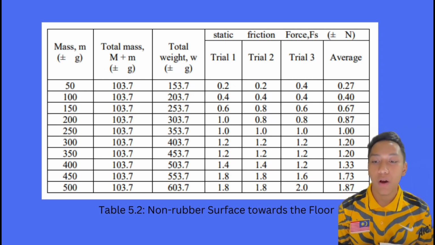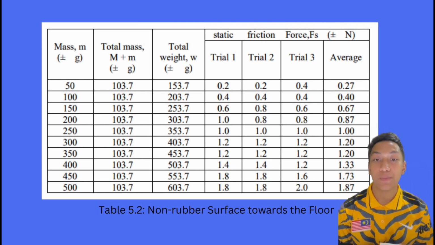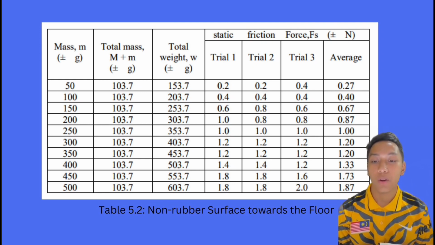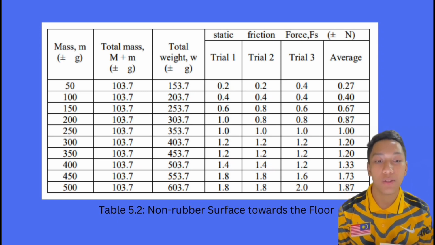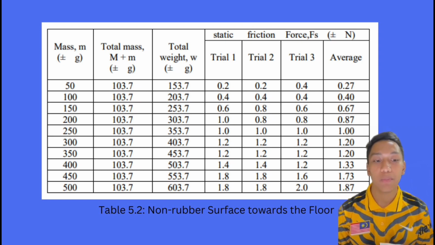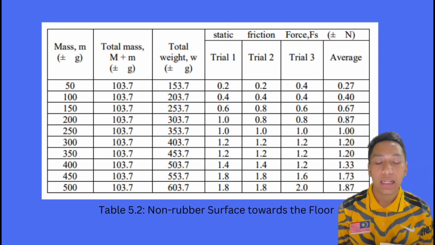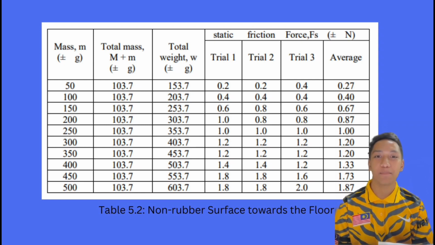The columns are mass plus minus 0.1 gram, total mass M plus minus 0.1 gram, total weight W plus minus 0.1 N, static friction force Fs plus minus 0.1 N, and then trial 1, trial 2, trial 3, and the last one is the average.